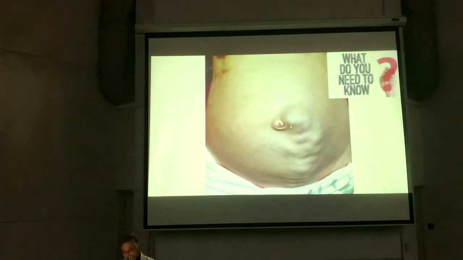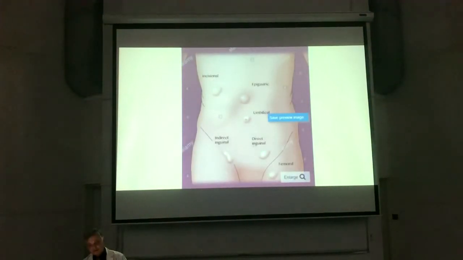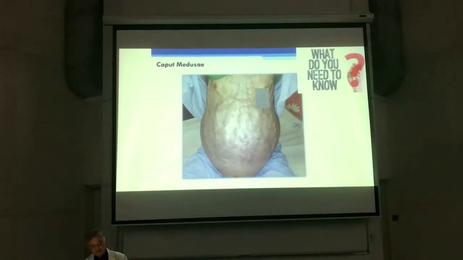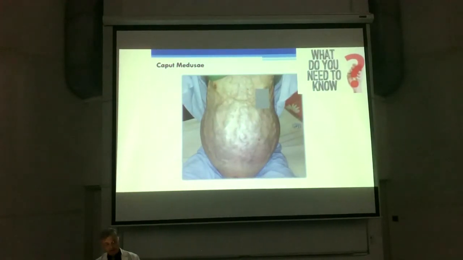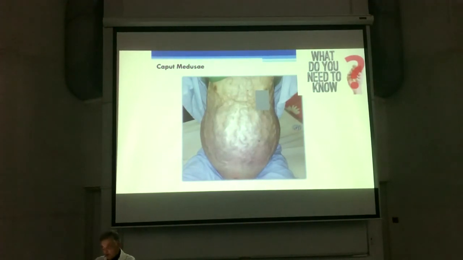Here is a problem. Dilated. This is what I need to know. In case of liver cirrhosis, the portal vein gets into the liver and the stream is weak. So there's accumulation of blood backwards.